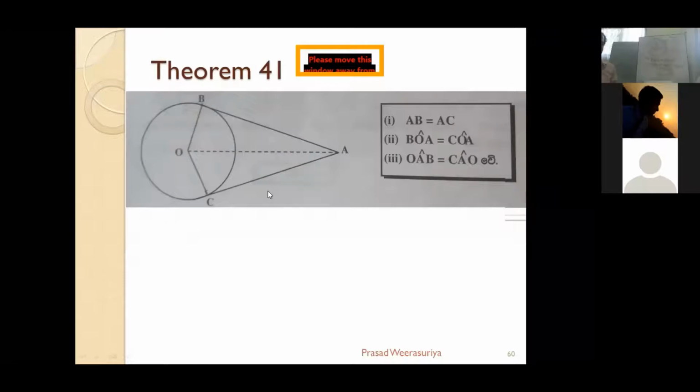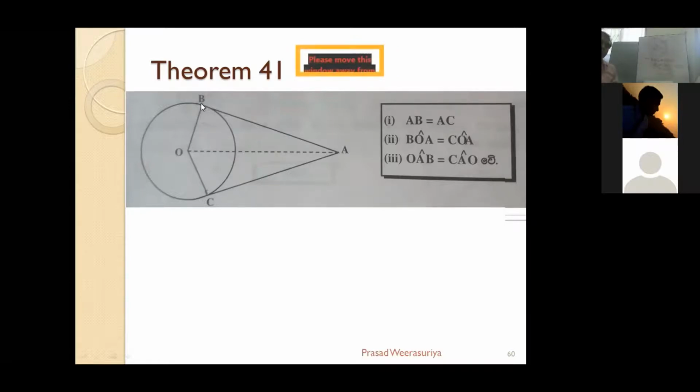Can you draw this kind of figure? There is a circle and there is an exterior point outside the circle. From an external point, you can draw two tangents. You can draw only two tangents. There are no more than two tangents.